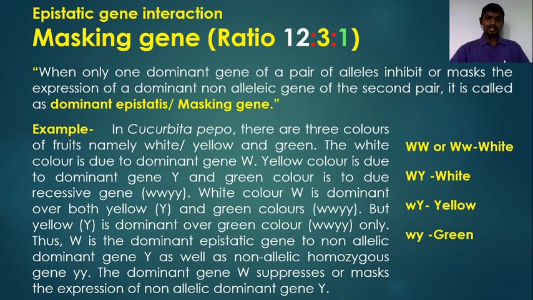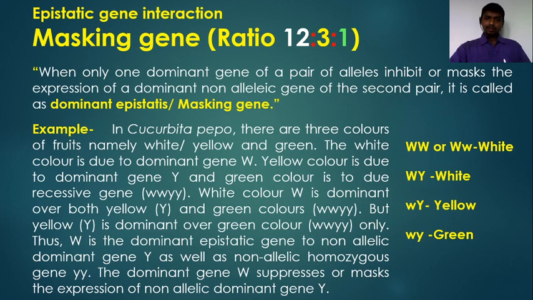From this we can say that if W is dominant, the phenotypic expression is white, whether Y is dominant or recessive. If W is recessive and Y is dominant, the phenotypic expression is yellow. If both W and Y are recessive, the phenotype is green. So W dominates over Y and green also.